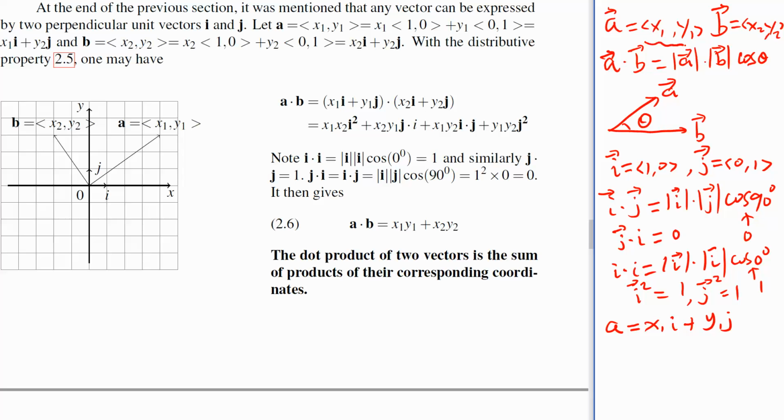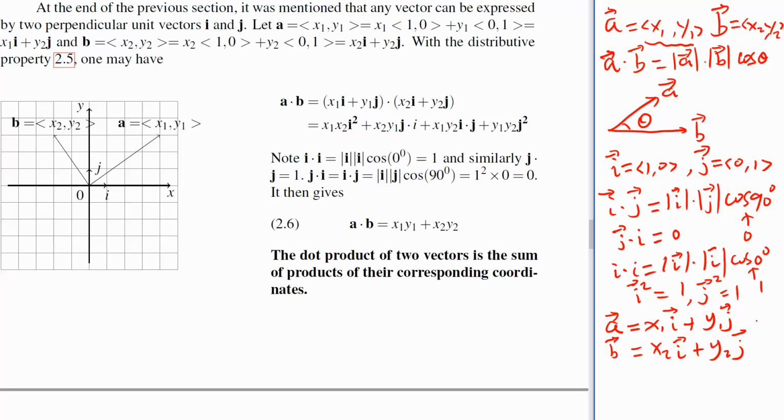A is x1, y1, and with this vector A, vector B is going to be like x2 I plus y2 J. So we put an arrow above the vector symbol.